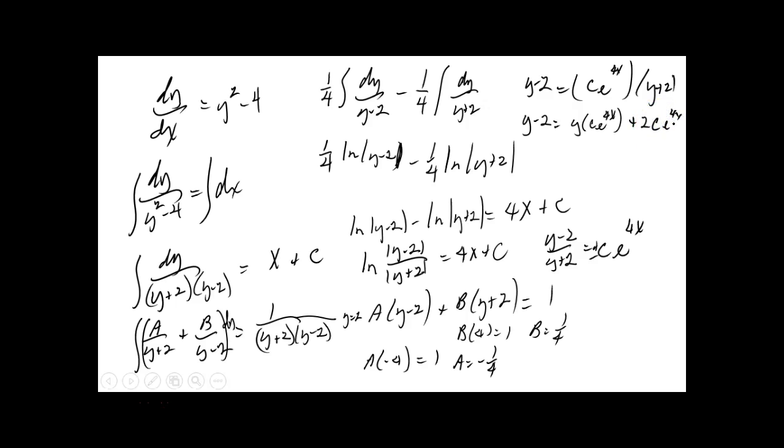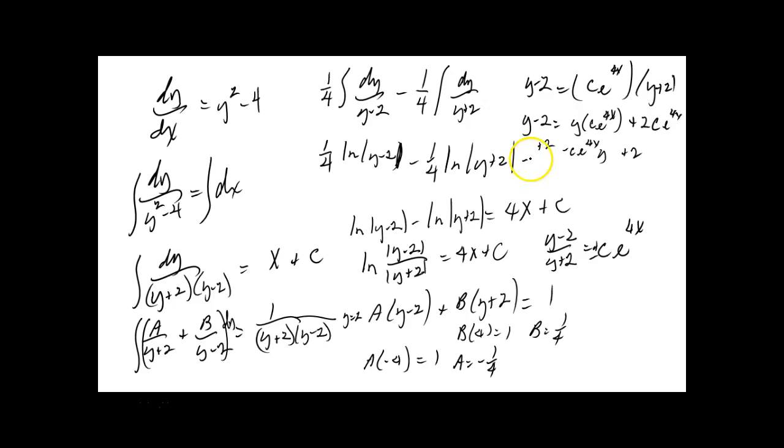Let's subtract this from both sides. That's minus c e to the 4x times y. Just rearrange the order here. And we're going to also add 2.